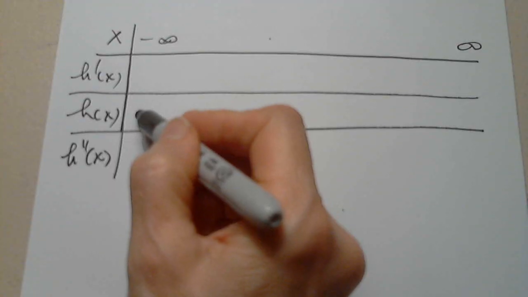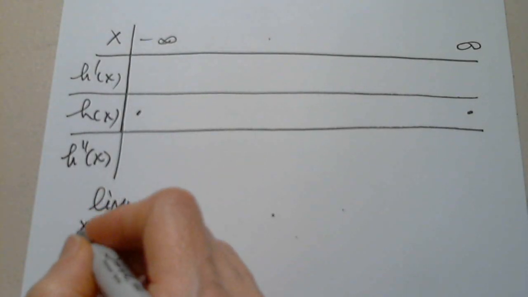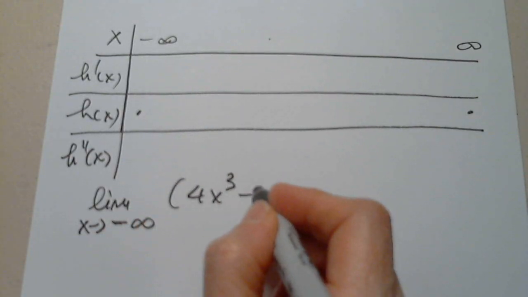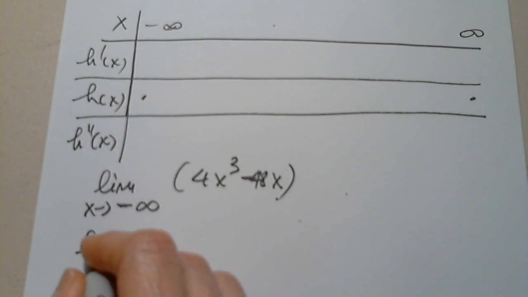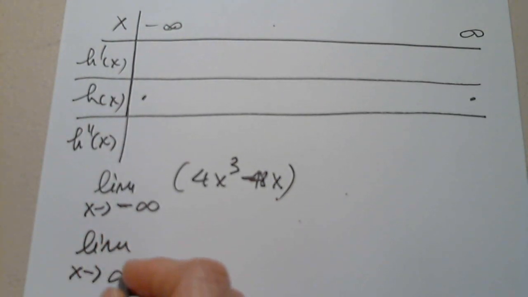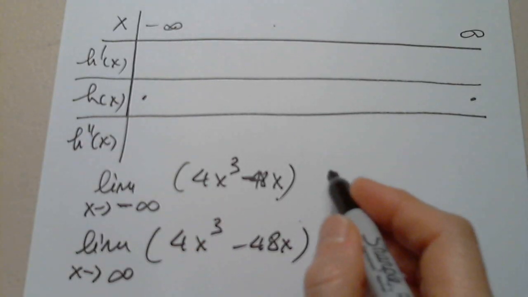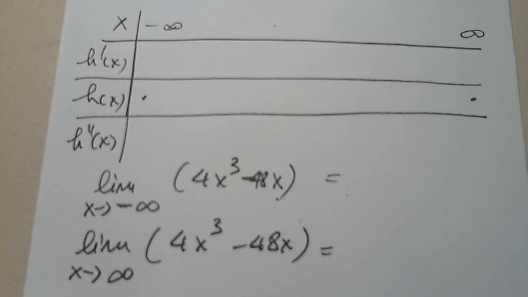First, I will determine these limits. So the limit as x approaches negative infinity from 4x cubed minus 48x. And then the limit as x approaches infinity from 4x to the 3rd minus 48x. With polynomials and infinity, here's my thinking process.